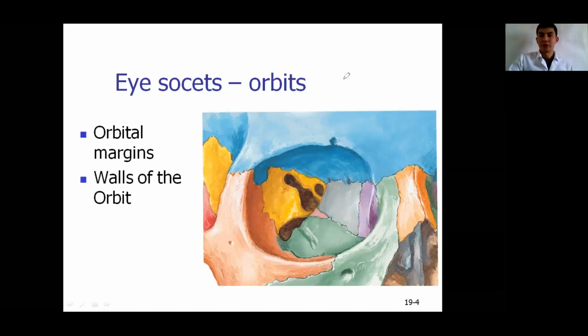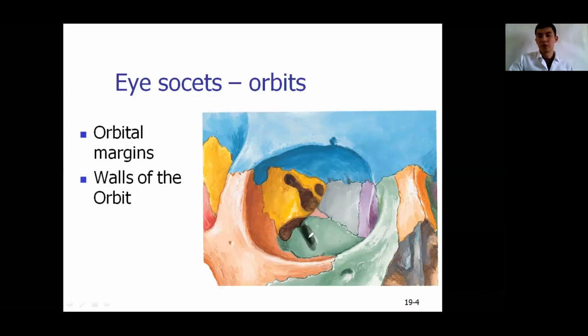So the names of the fissures and their position. First of all, we have to begin with the openings deep in the orbit. It is the optic canal. This one is the superior orbital fissure, which lies between the lesser wing and greater wing of the sphenoid bone. And between the maxilla and greater wing of the sphenoid bone, we can see the inferior orbital fissure.